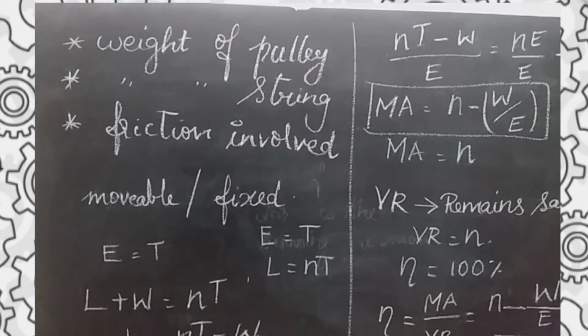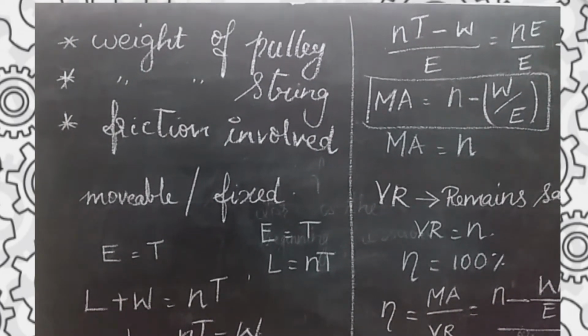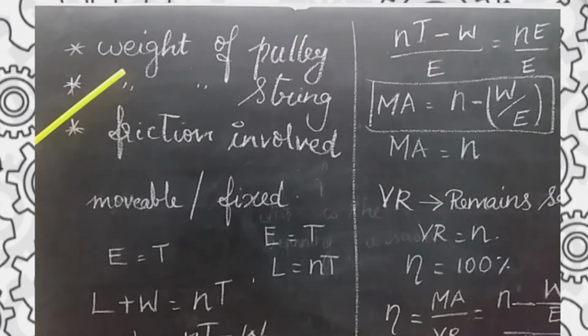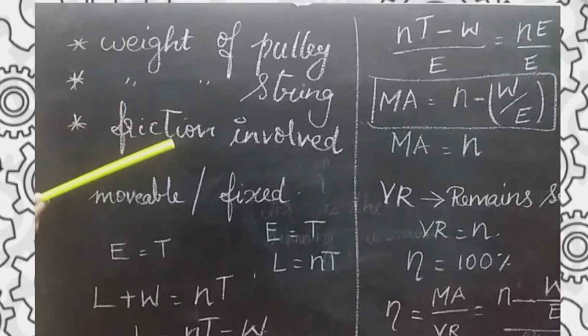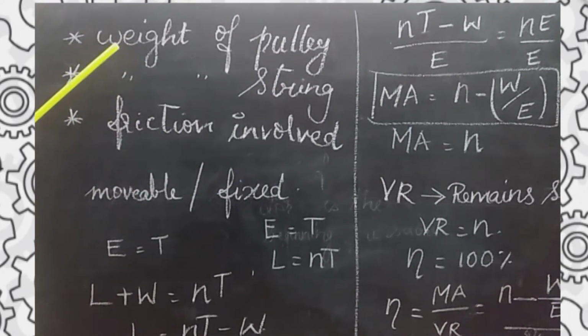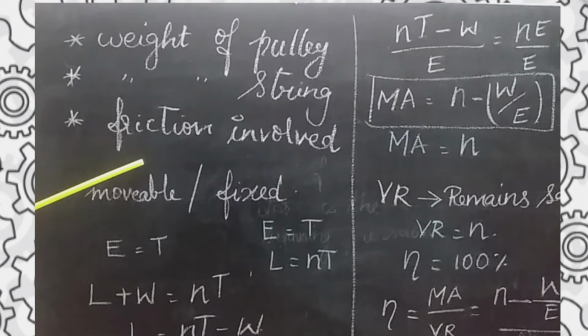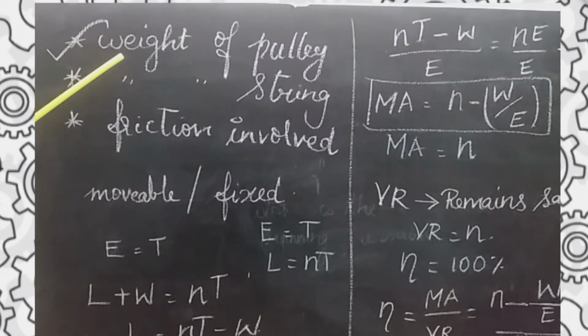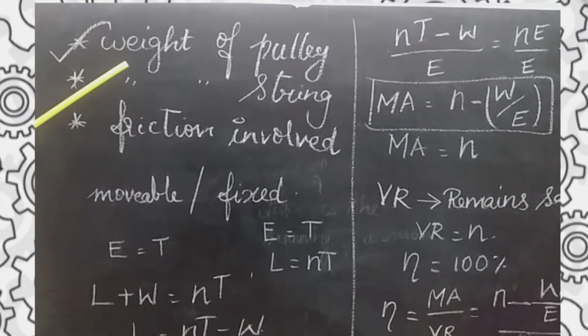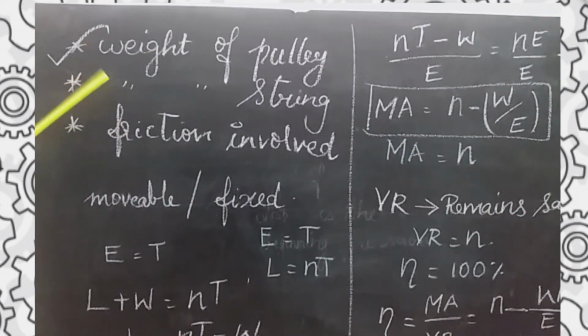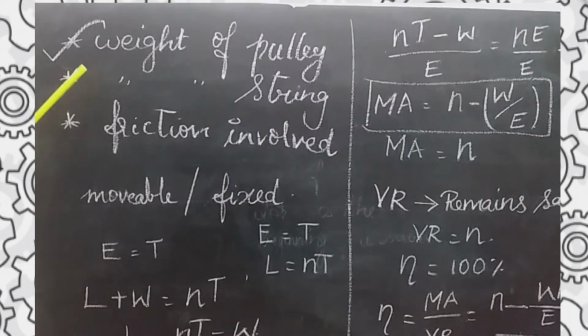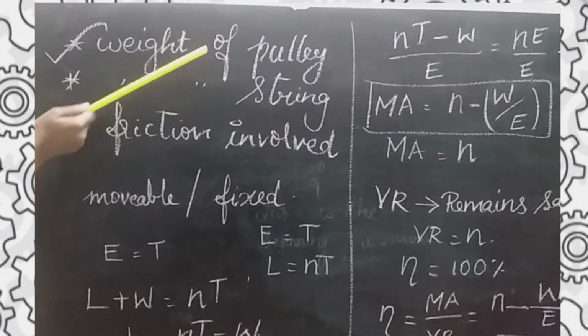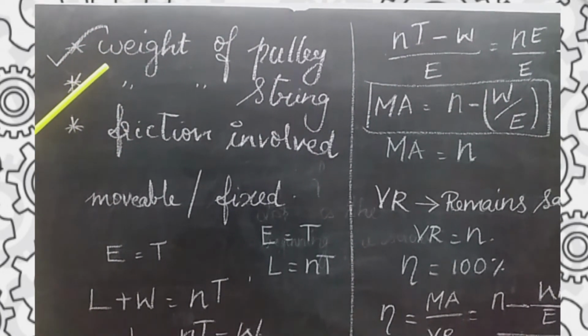When we started with pulleys, we said that we are going to neglect 3 factors: the weight of the pulley, the weight of the string, and the friction involved between the string and the pulley. But now we are going to consider one factor, the weight of the pulley, and we are going to see how the velocity ratio, mechanical advantage, and the efficiency are going to change if we involve one quantity which we neglected.